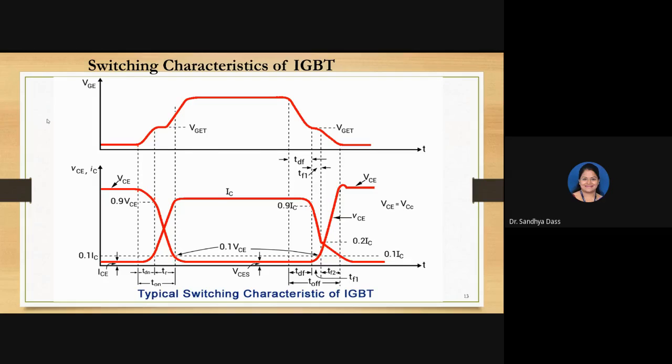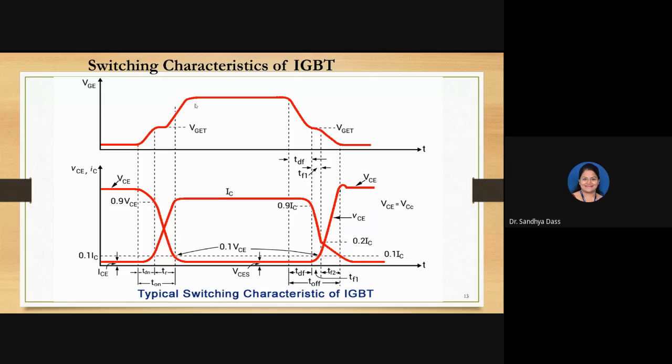Okay, now let me explain. VGE is our input. All right, see, VGE, you are varying. When VGE, the voltage across gate with respect to emitter terminal, is increasing, when this voltage crosses the threshold voltage, only then the device will turn on.